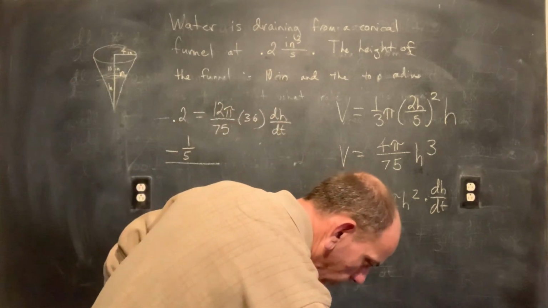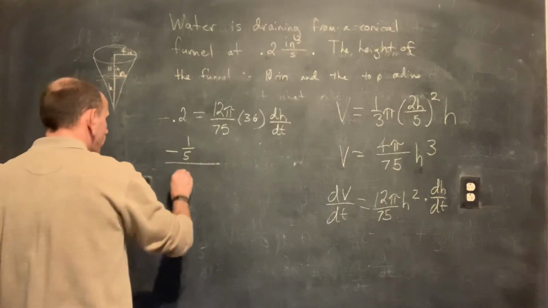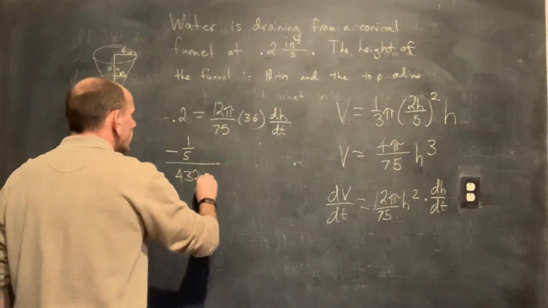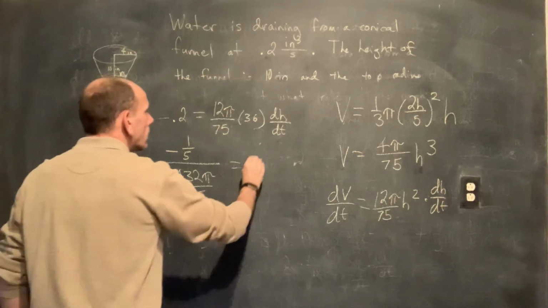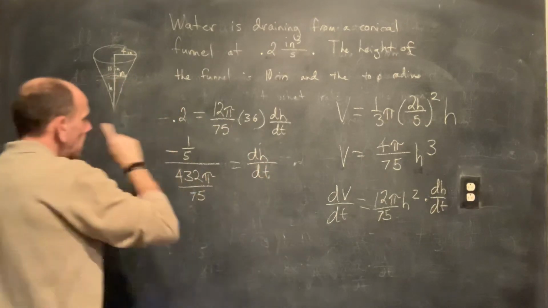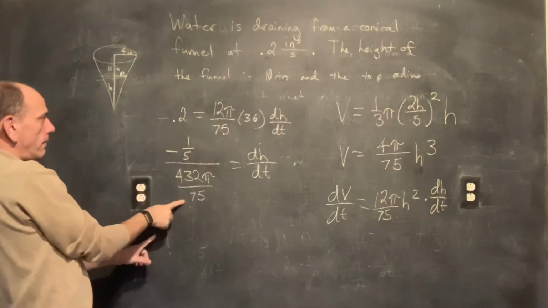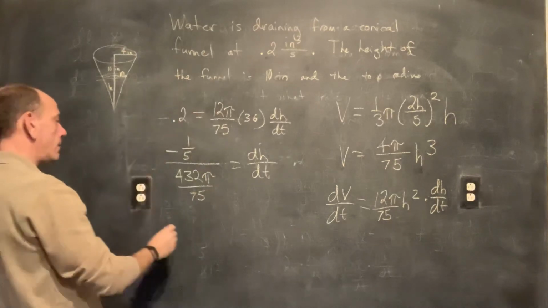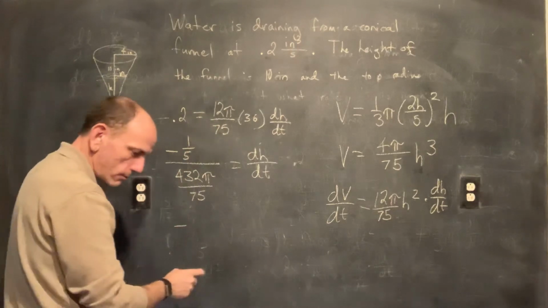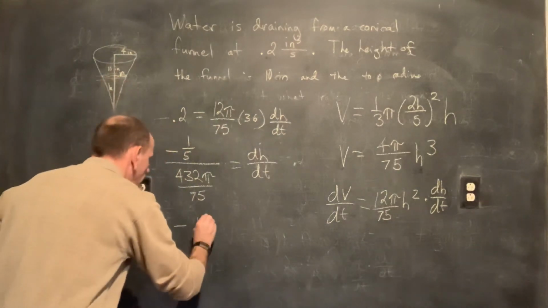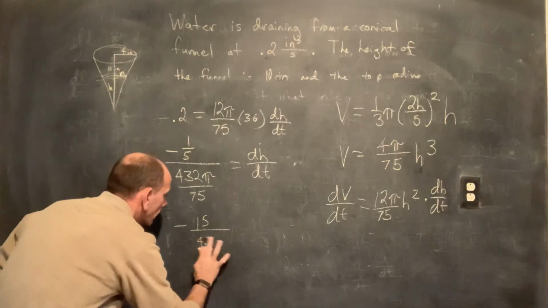What's 36 times 12? 432 over 75. Okay, so I just multiplied those two together, right? And then divided it over. And now multiply by the reciprocal, we have negative, the 75 over 5 is 15, over 432 pi.